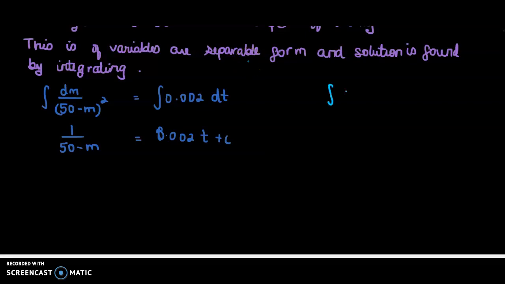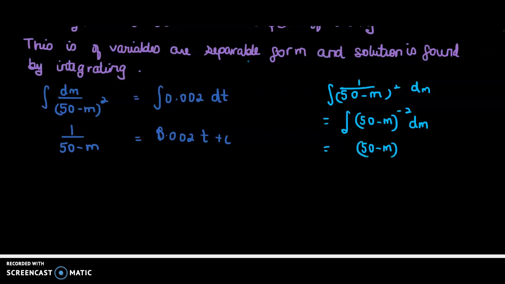The integral of 1 over (50 - m)² dm is really the integral of (50 - m) to the minus 2, and that is equal to (50 - m) to the negative 1 all over negative 1 times negative 1, plus c. Let's take out the plus c for now. So that's really 1 over 50 minus m.